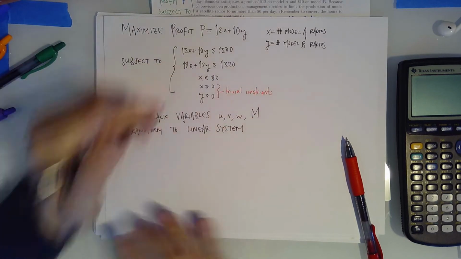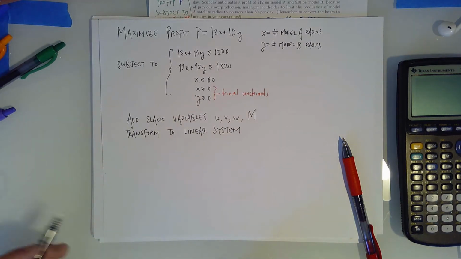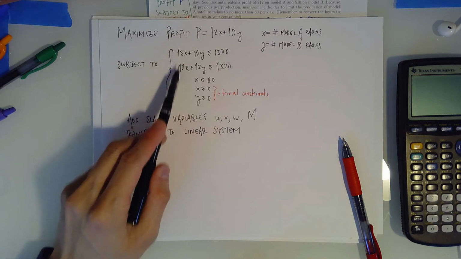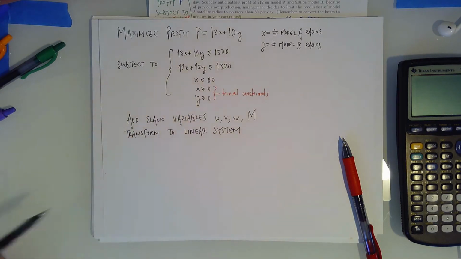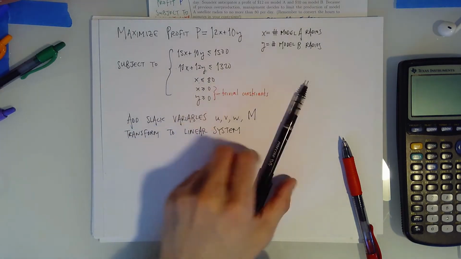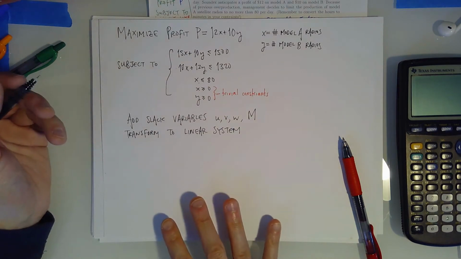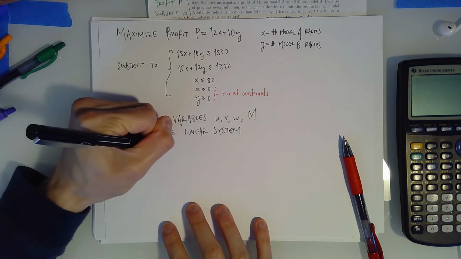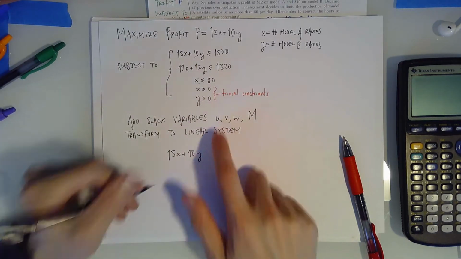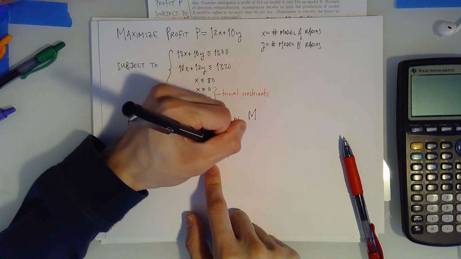When you transform to a linear system, since we're adding these slack variables to each of these constraints, this variable takes up the slack that would be in the inequality here. So let's put that in. You have 15x plus 10y, and now you're going to add one slack variable u, and now this equals 1500.